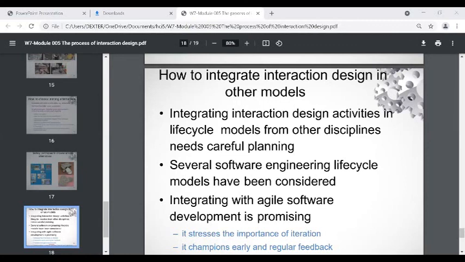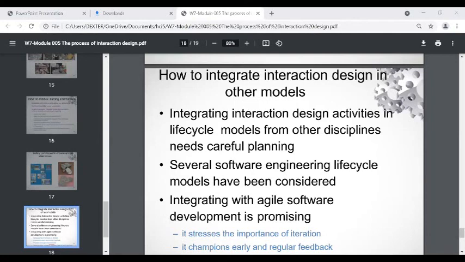Through this work, we have come to value individuals and interactions over processes and tools, working software over comprehensive documentation, customer collaboration over contract negotiation, and responding to change over following a plan.